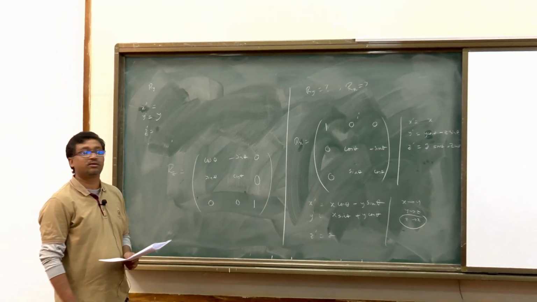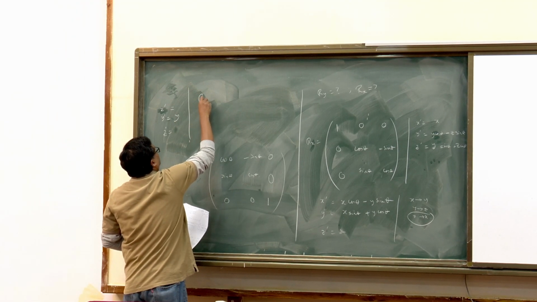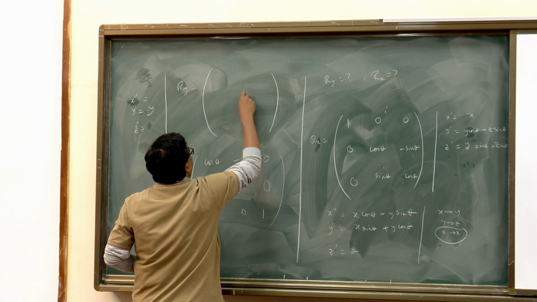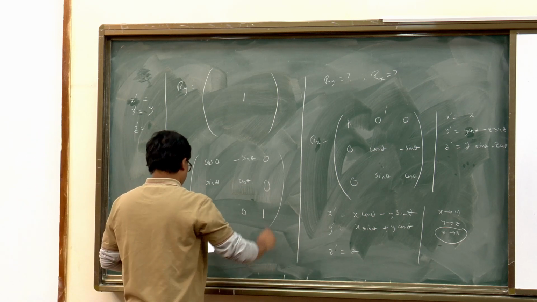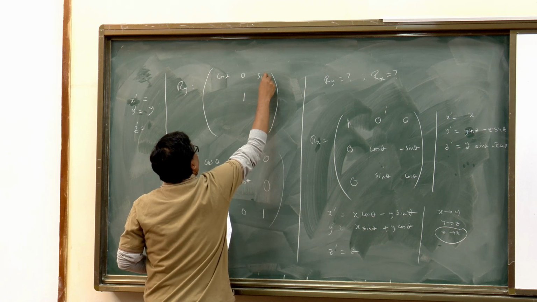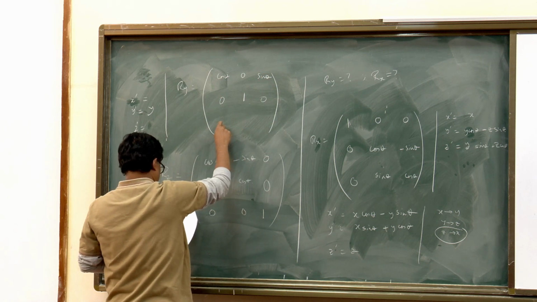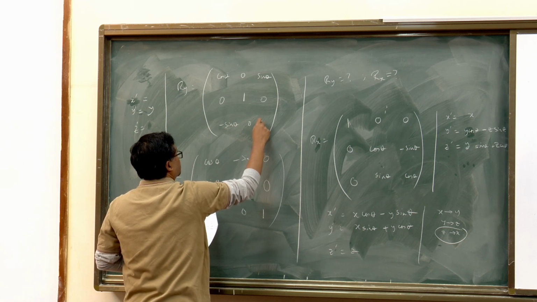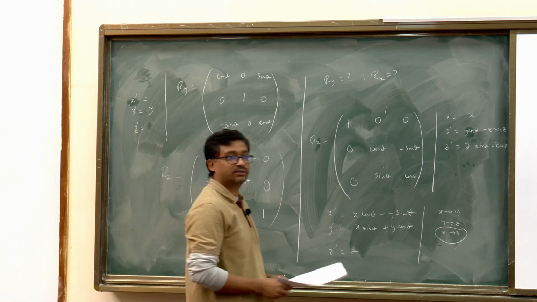Anyone yet? Let me write it. What would be my Ry? Cos theta, 0, sin theta. Right. Great. So everyone should get this.